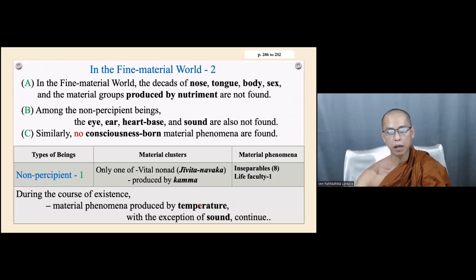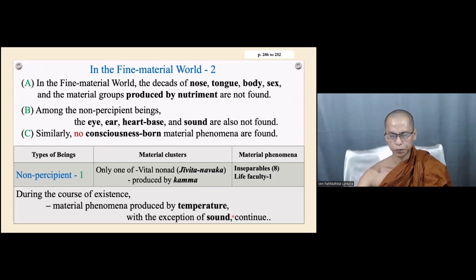If you consider temperature-born materialities, you can understand that sound is also born of temperature, but it is absent due to its nature; it cannot arise in the non-percipient beings.